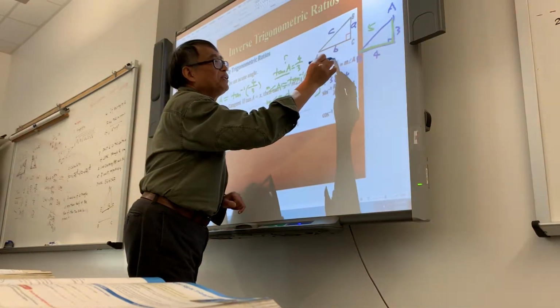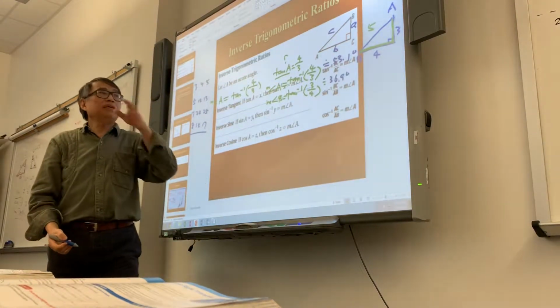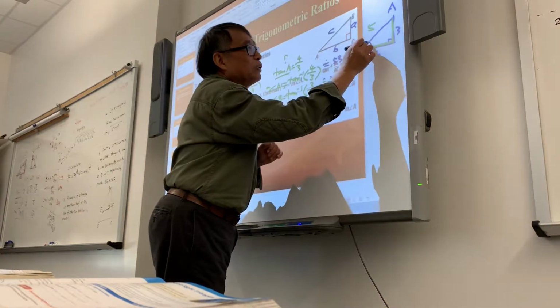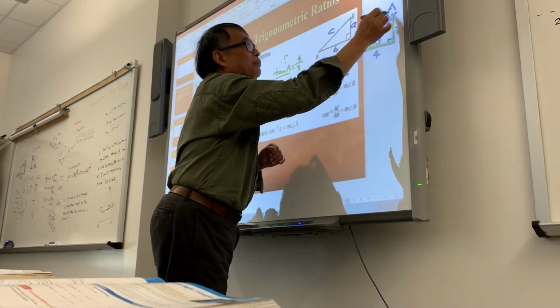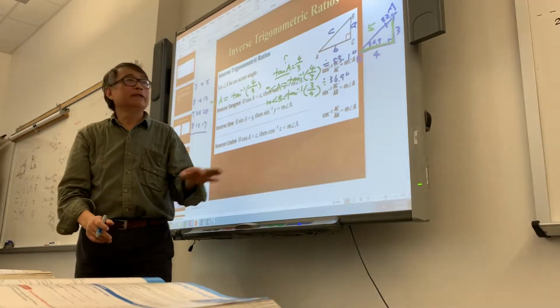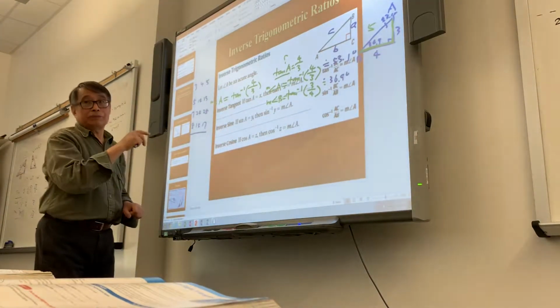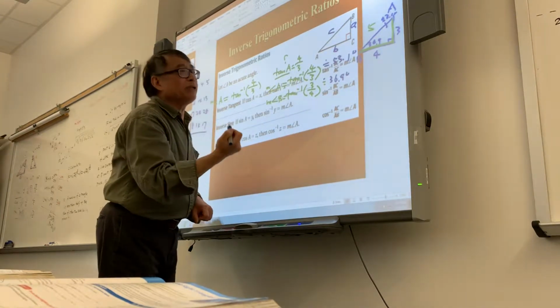This one should be 53.1 degrees, rounded, okay? So if this is a 3, 4, 5 triangle, the small angle should be 36.9, and this one should be 53.1 something degrees. If you can remember, it's okay. If you cannot remember, just leave it there. Use a calculator, you just use inverse, yes. Then tangent, same thing, I will show you later, okay, please?